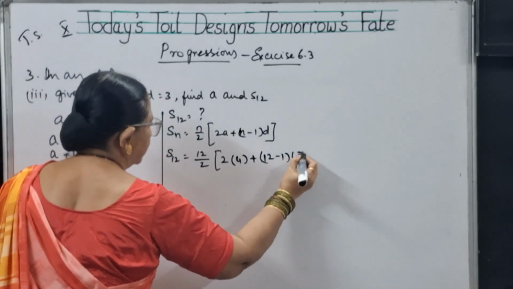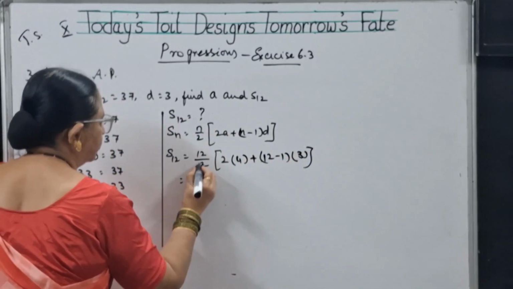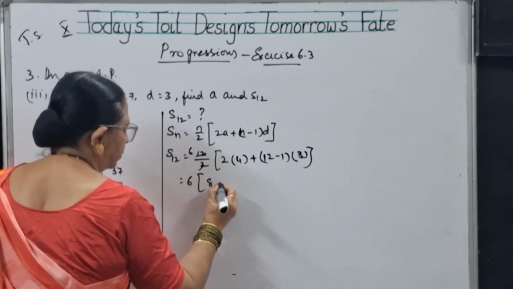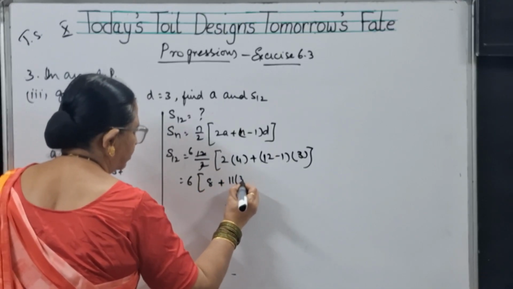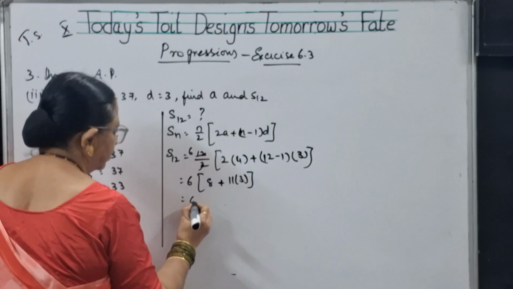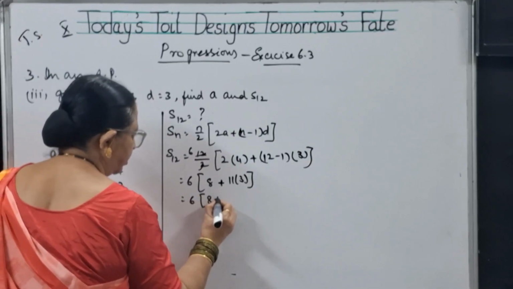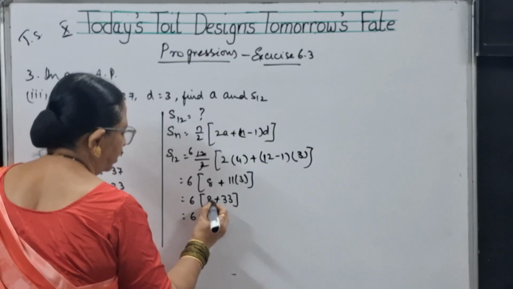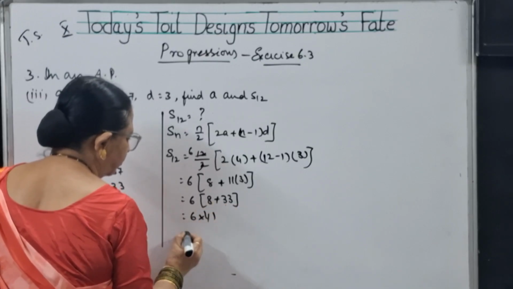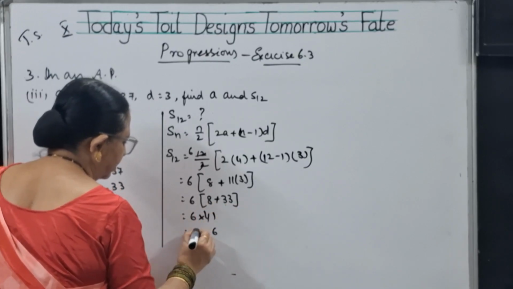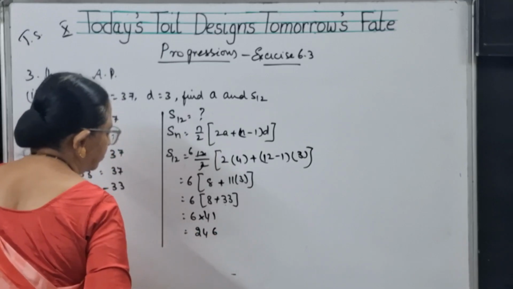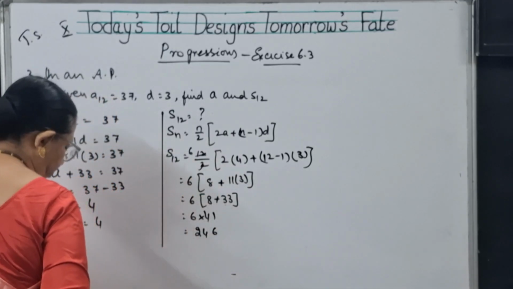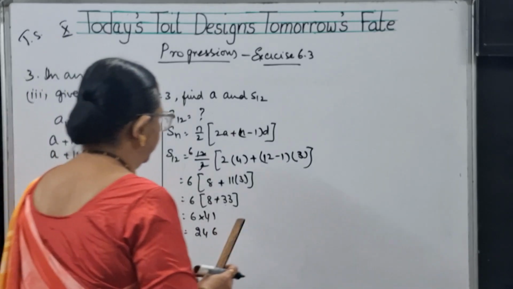D is 3. So 6 into 2 fours are 8 plus 11 into 3. That means 6 into 8 plus 33. That is 6 into 41. So 6 fours are 24, and 246 is the value we have got.